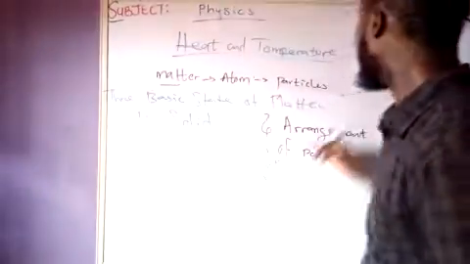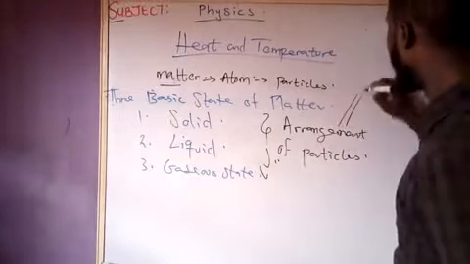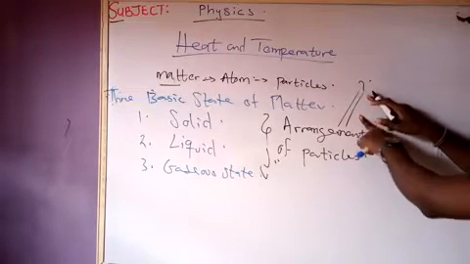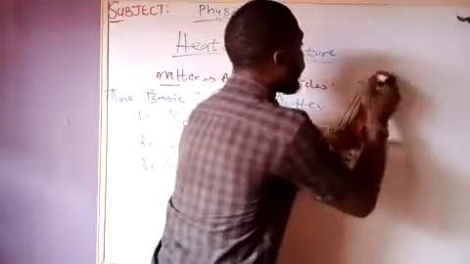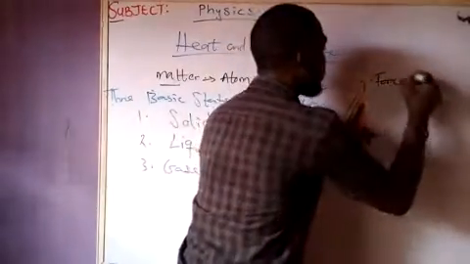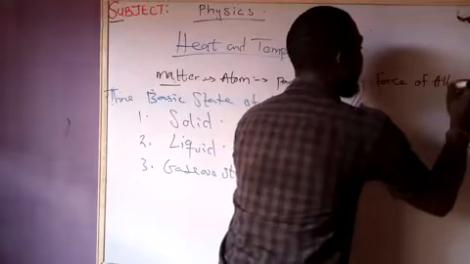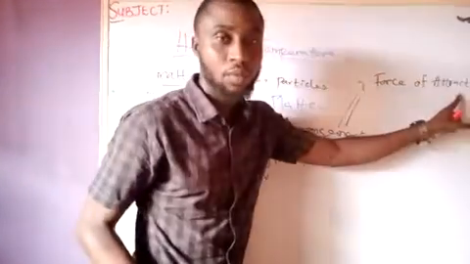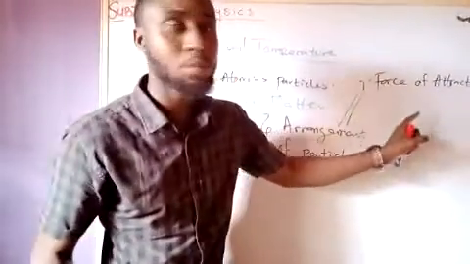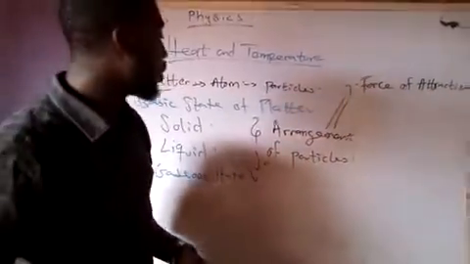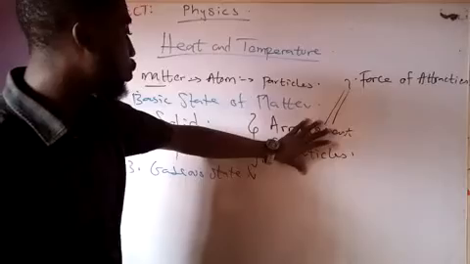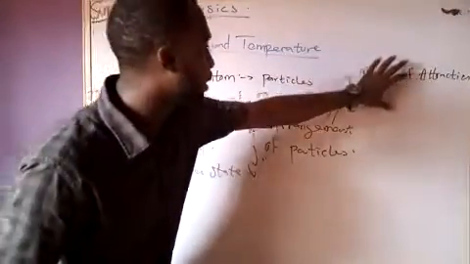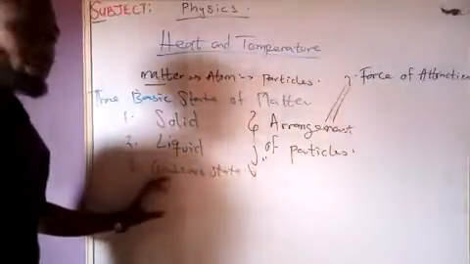And what determines the arrangement of the particles? Look at this class. What determines the arrangement of these particles is the force of attraction that exists between them. The force of attraction between the particles determines how the particles will be arranged, and it determines the three basic states we are going to have.